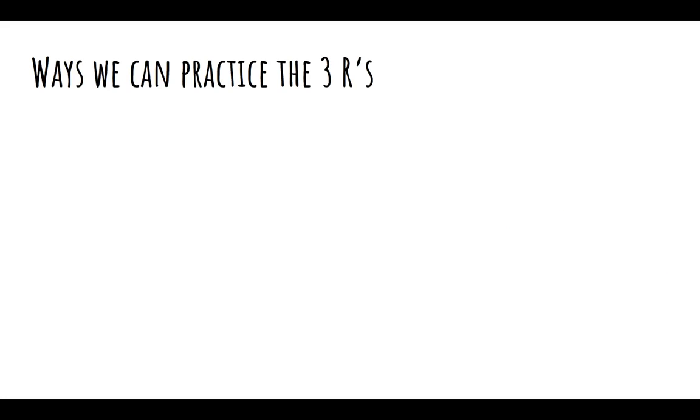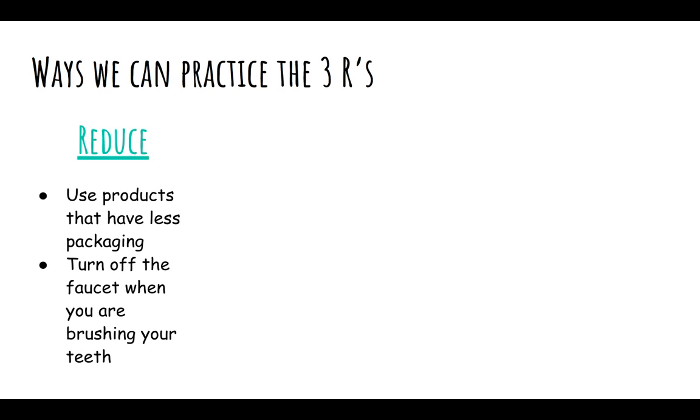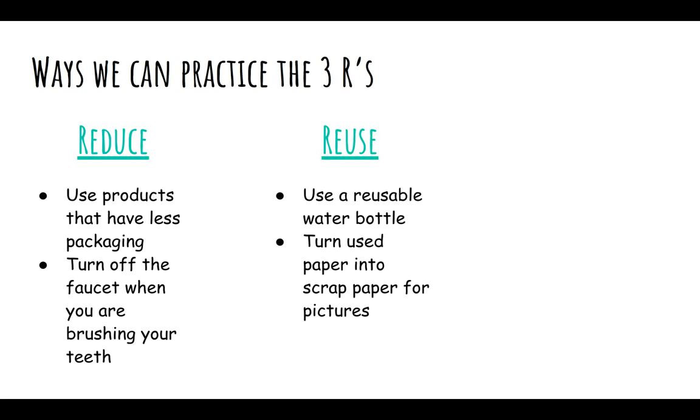Annie and Moby taught us a lot of cool ways that we can practice the 3 R's, and here are another few. So again, to reduce, we can use products that have less packaging, and we can always remember to turn off the faucet when you are brushing your teeth so that we are not wasting water. To reuse, we can use a reusable water bottle, and we can turn used paper into scrap paper for pictures.